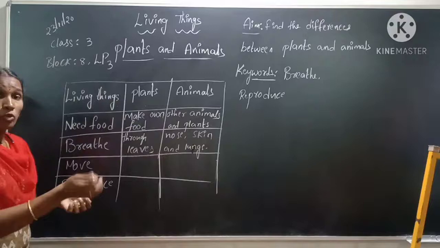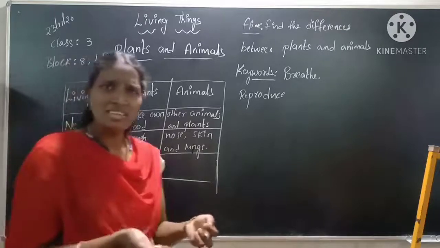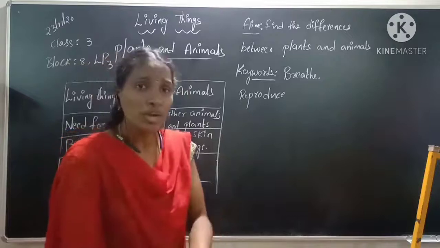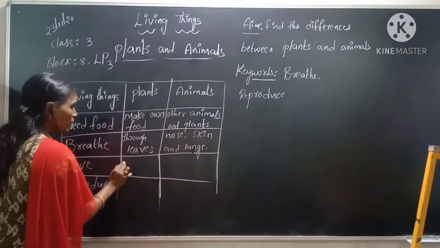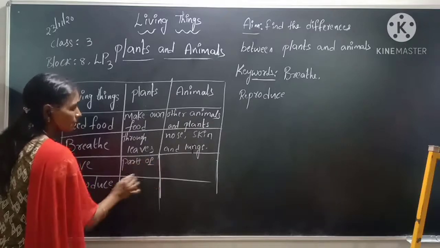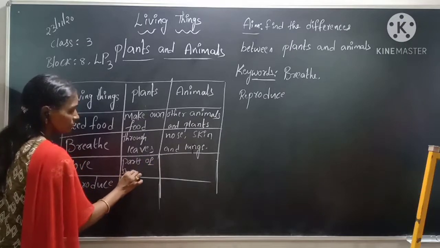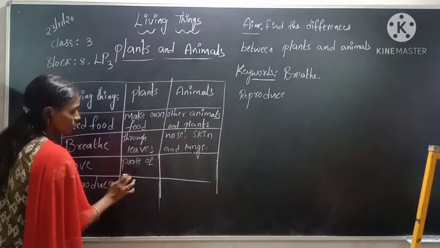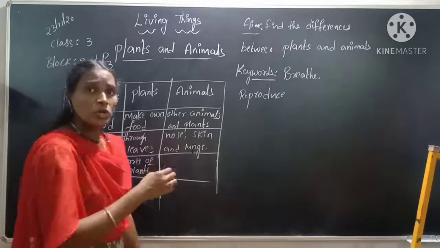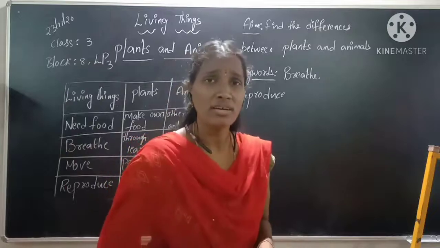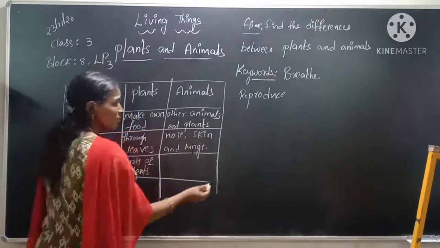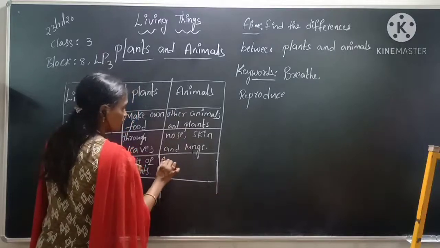How can plants move from one place to another place? Is it possible? No, only parts of some plants move. Okay? Is it possible for animals to move from one place to another place? Yes, animals can move from one place to another on their own.